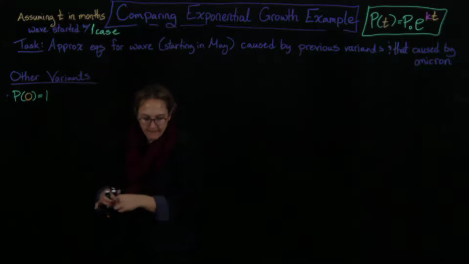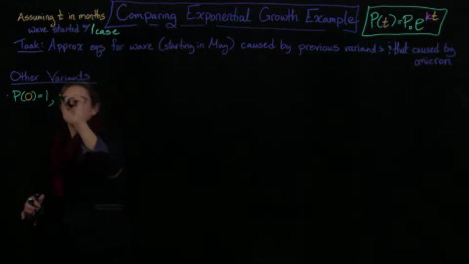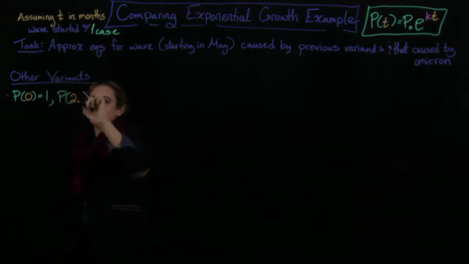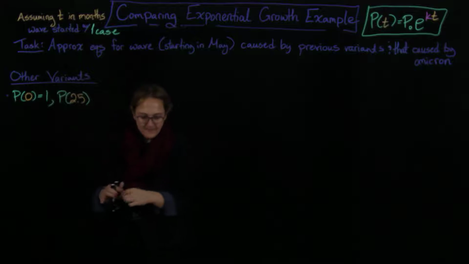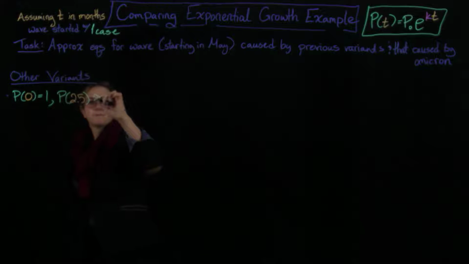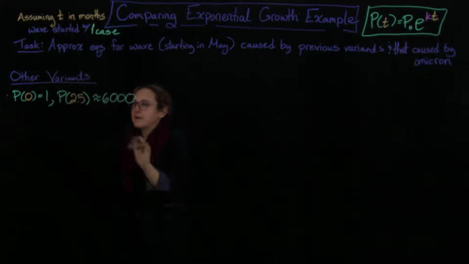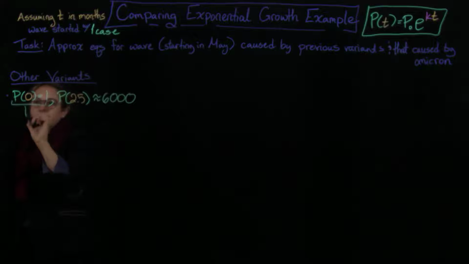The other thing we know is that P of 2.5, just looking at the chart, looks like it's approximately 6,000.